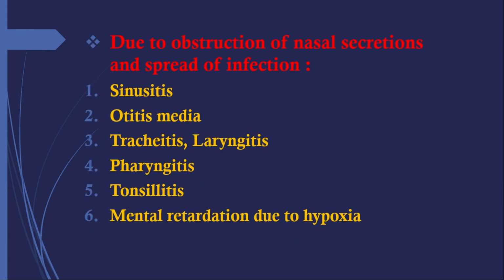Now, symptoms due to obstruction of nasal secretions and spread of infection can be in the form of sinusitis, which is inflammation of the mucosa of the sinuses. Otitis media is inflammation of the mucosa of the middle ear, while tracheitis is inflammation of the tracheal mucosa.